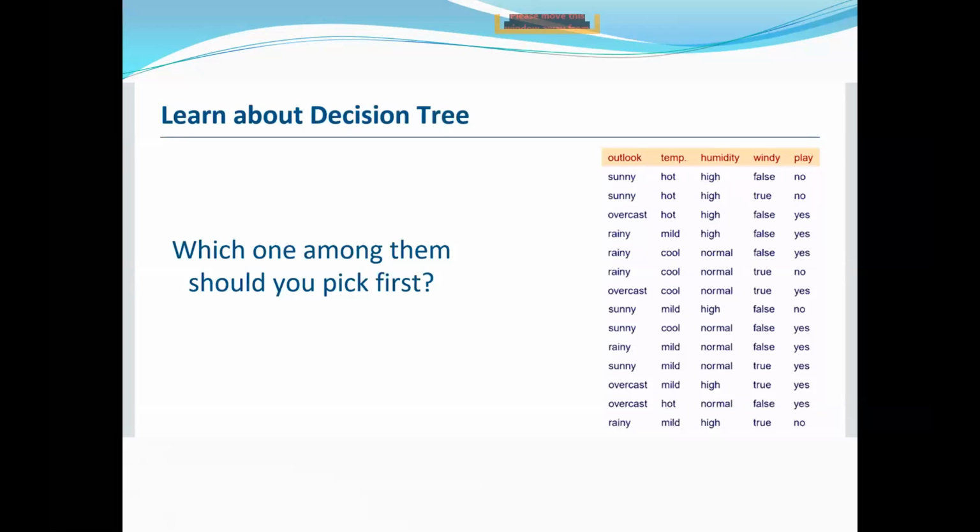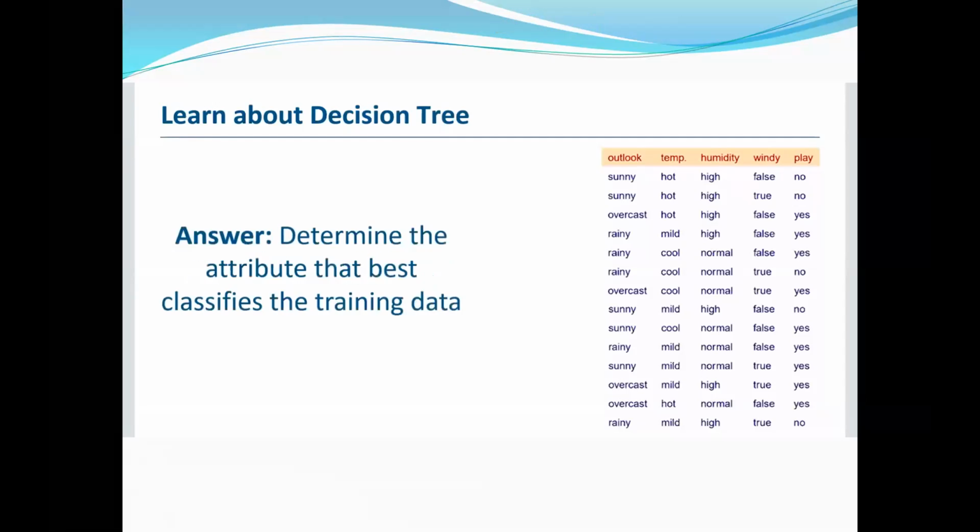Out of the four, what is the first question? What is our first criterion in the decision tree? We have to know which attribute is going to play the root node role. We have four options, so which is actually the best? I don't know, I have to investigate. Determine the attribute that best classifies the training data.